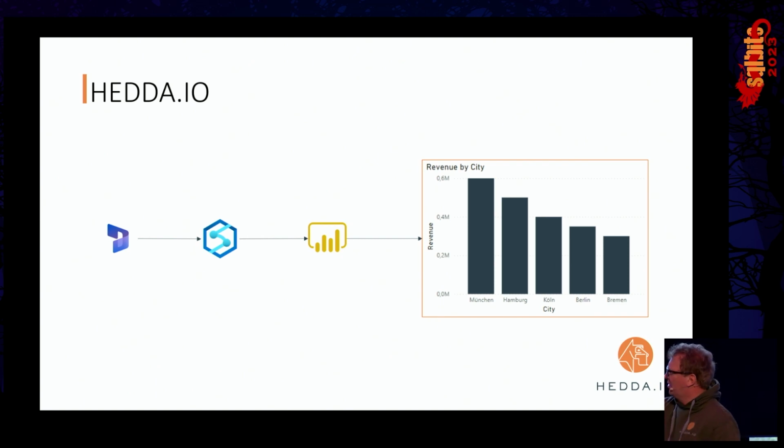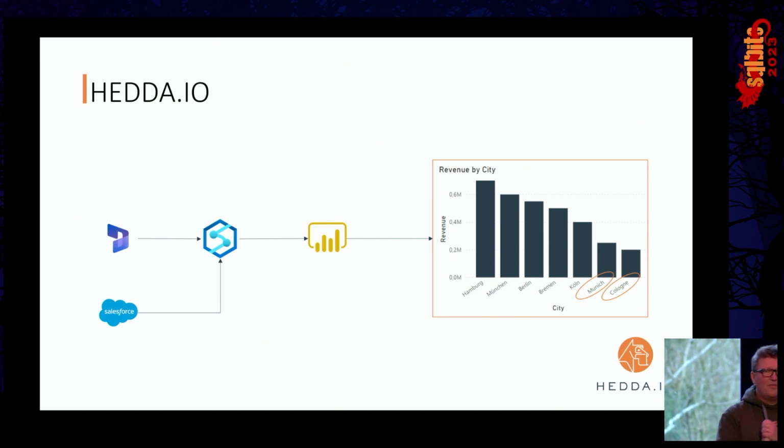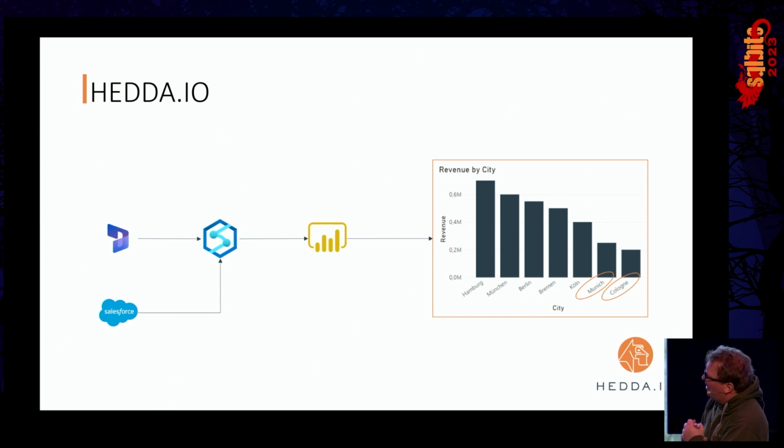Okay, for German, because these are all German cities, but maybe you know Munich or so on. Now you get another CRM system like Salesforce, and you get this data into Azure Synapse, and now your report looks a little bit different, because you now have Munich, you have Cologne in there, and you have the German description in Munich, München, and Cologne.